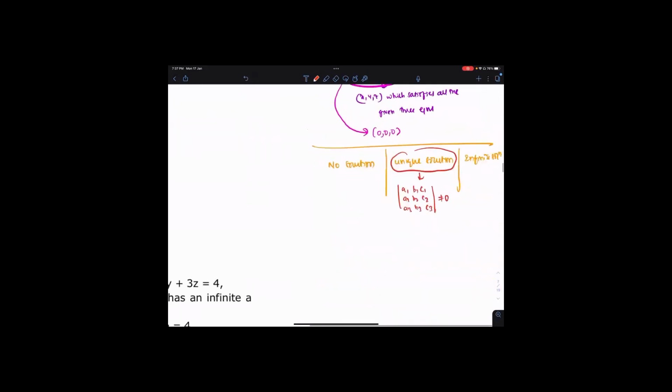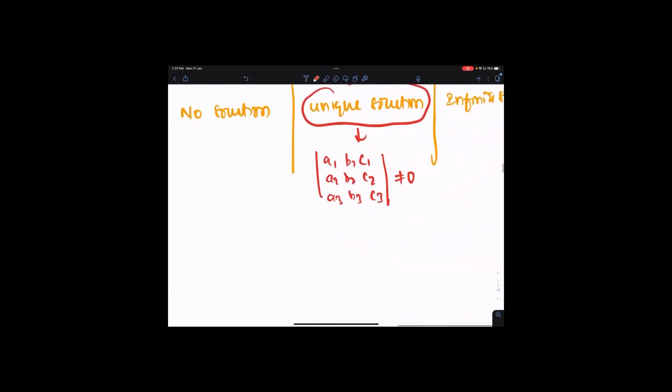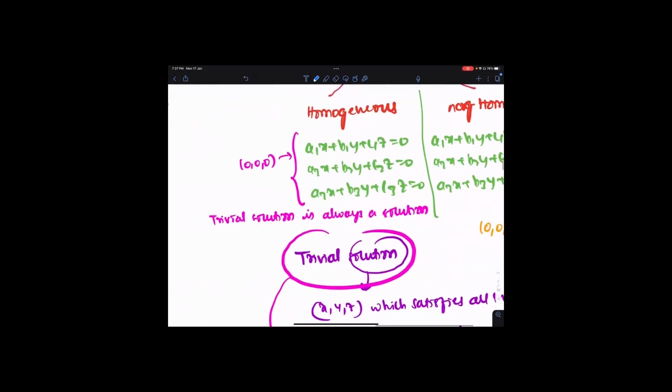Now, in the homogeneous case, how they will give this information is, they will not say unique solution. They will not give these 3 equations and say this system of equations will have a unique solution. But let's say if the homogeneous equation has a unique solution, that means only one solution, and that one solution should be 0, 0, 0.